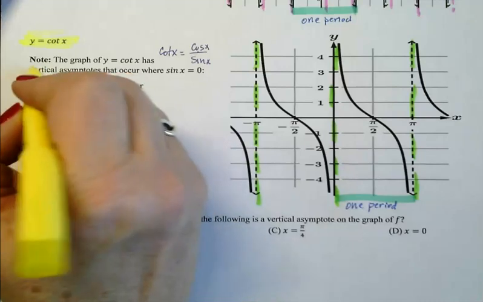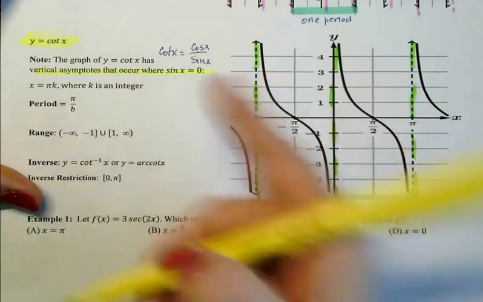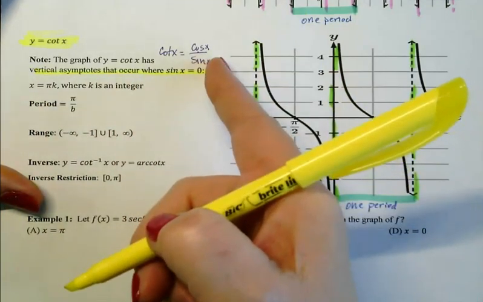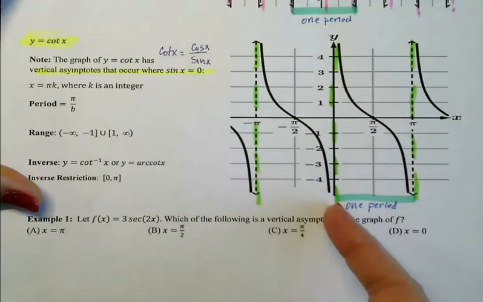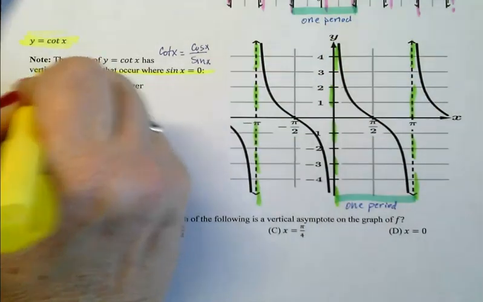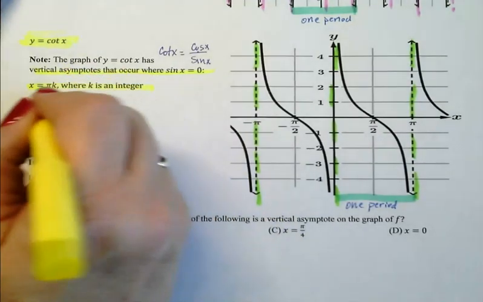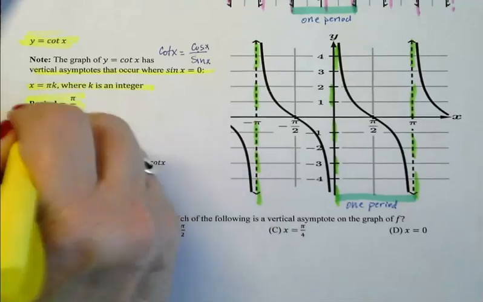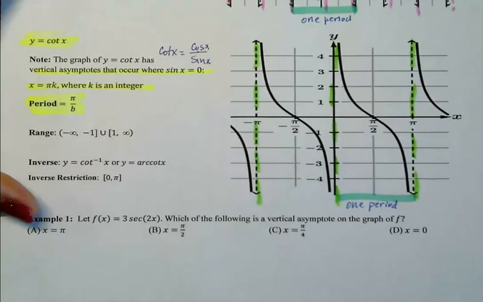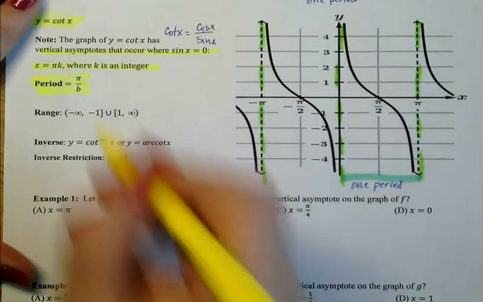And so we know we're going to have vertical asymptotes when the bottom of my fraction is equal to 0, because that first vertical asymptote is happening at 0, then the equation for the vertical asymptotes would be x equals 0 plus pi k. The period, like tangent, is only pi. So if we had a b value, we would take pi and divide it by b.